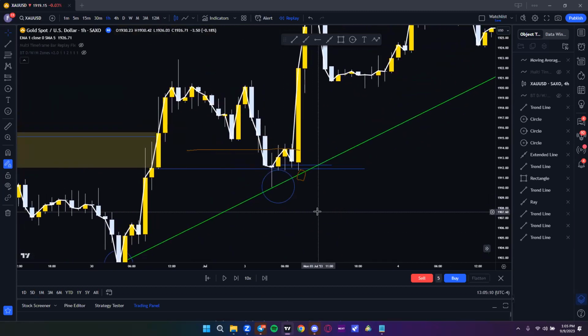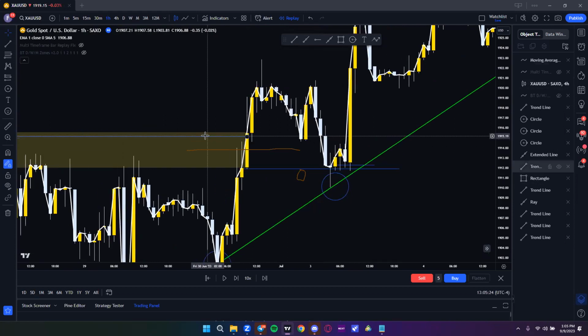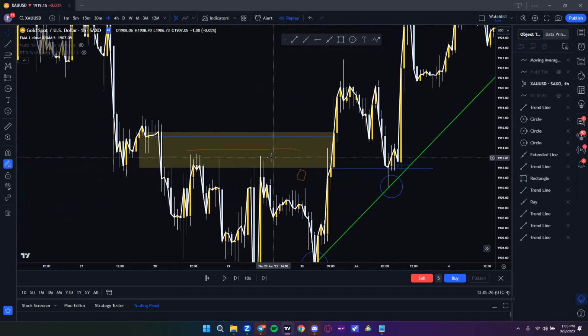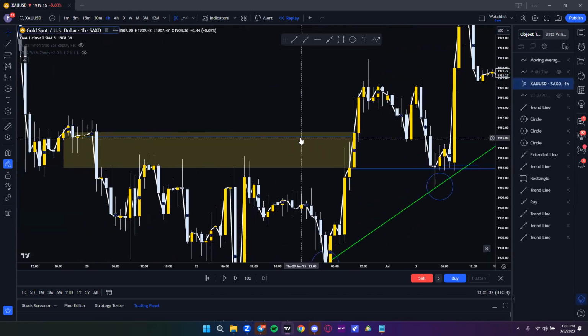And you could go ahead and take one without a confirmation if you start seeing it reject from the trend line. Exactly. Because this is a decision level, right? It closed above a previous source point. So when the price was coming up here, we wanted to see it either reject or break, right?